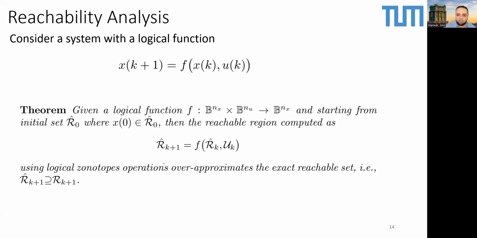And given that we have done all the logical operations using the NAND gate, we can go through the main theorem in the first paper, which says the following. If you have a logical function f, the reachable region computed in the generator domain using logical zonotope over-approximates the exact reachable region due to the over-approximation in the NAND and the AND.